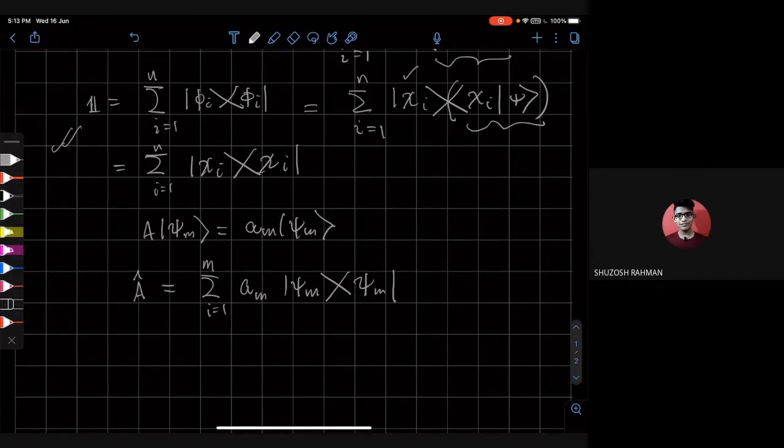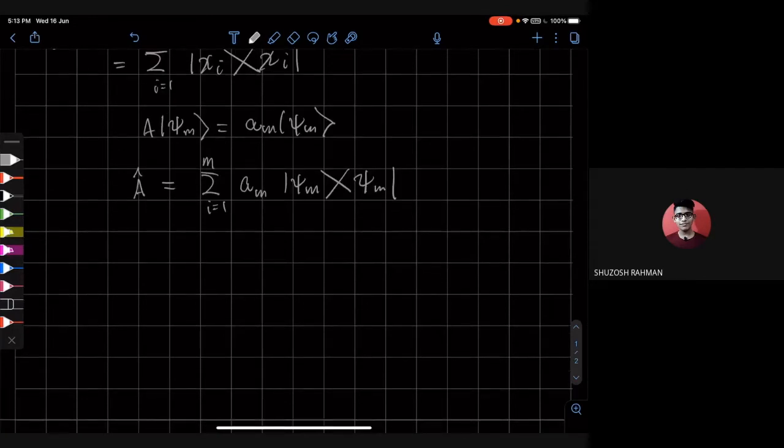What this is saying is that A has an eigenbasis given by these vectors psi m, and in some sense, when you're asking questions about A, this is the preferred eigenbasis.